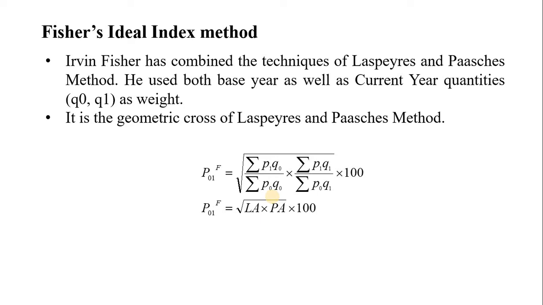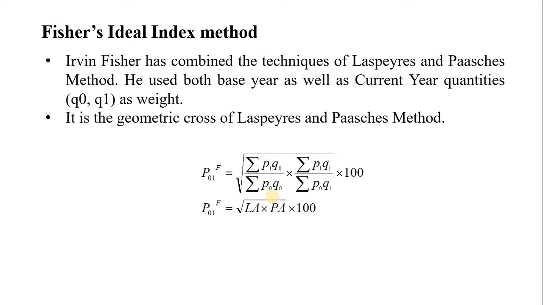As you know, for an index number, the best average will be the geometric mean, not the arithmetic mean. In your last semester classes, we learned that if you want to find the average of indexes or growth rates, then the arithmetic mean is not the right choice. We have to use the geometric mean.